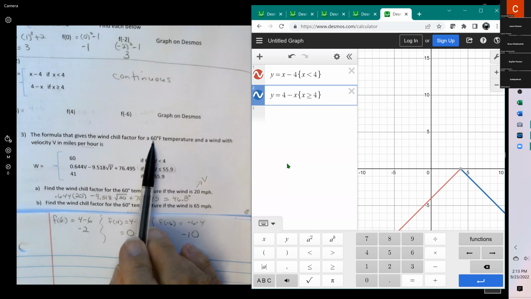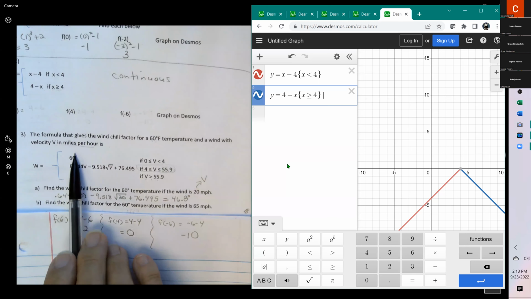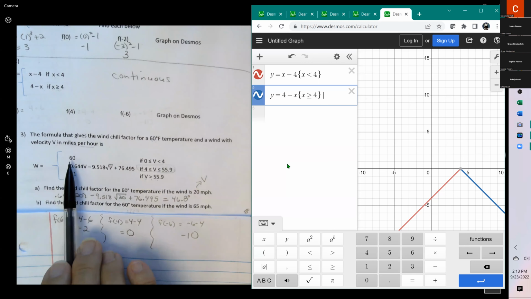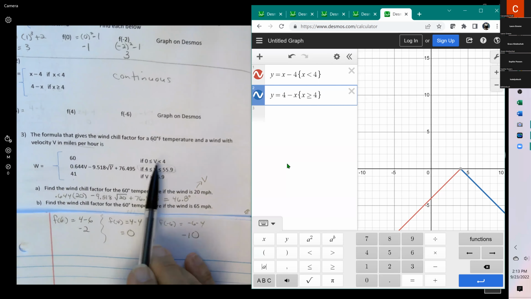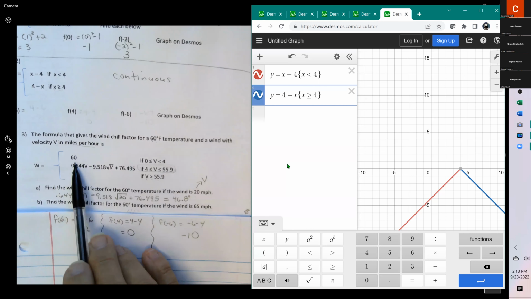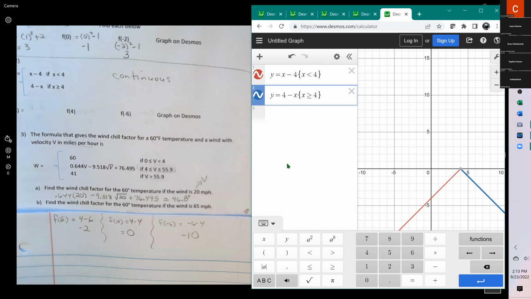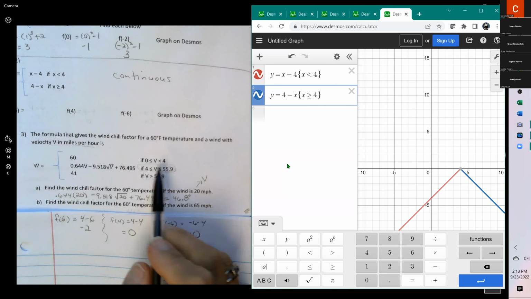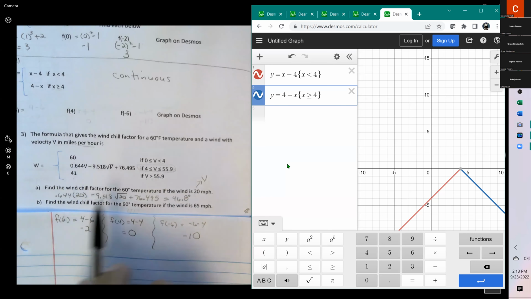And so this day it's 60 degrees. So it's saying if the temperature is 60 degrees and the velocity of the wind is between 0 and 4 miles per hour, then it feels like 60 degrees. So when they say it's 60 degrees, but it feels like 40, well, that's because of the wind. But if it's between 0 and 4 miles per hour, it feels like 60.